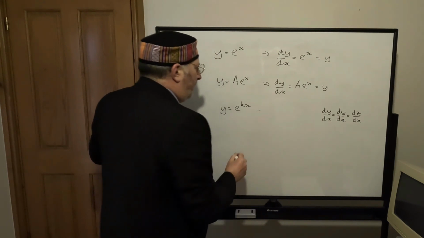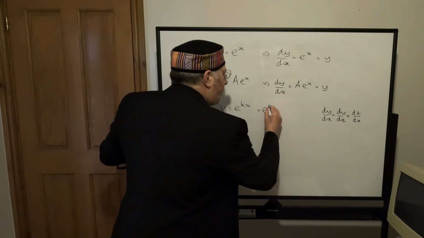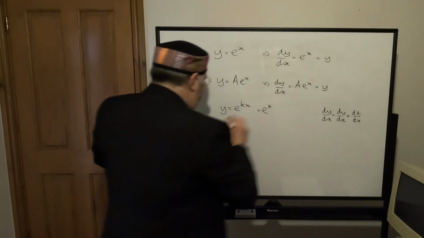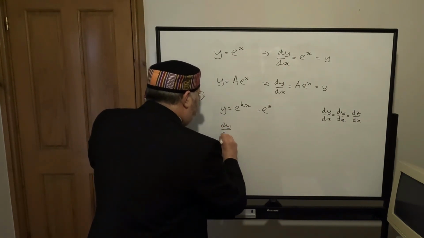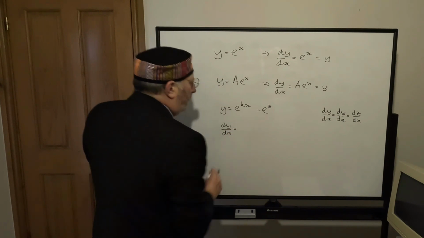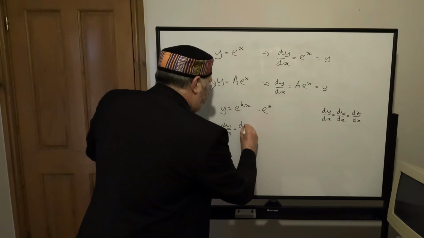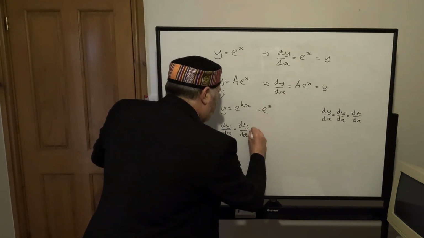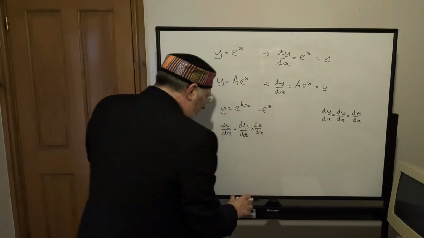So if we call this e to the z, then dy by dx equals, I'll put it up here first, dy by dz times dz by dx.